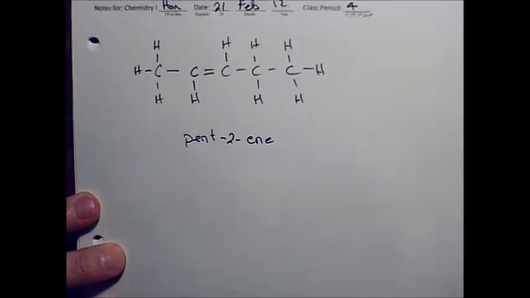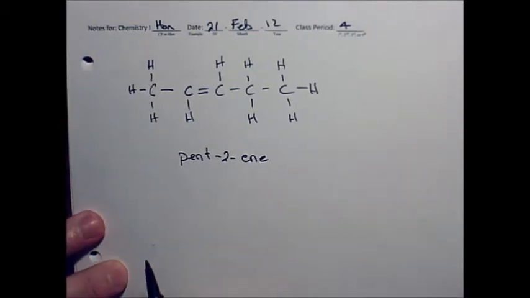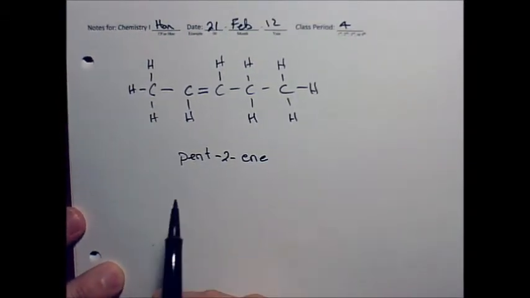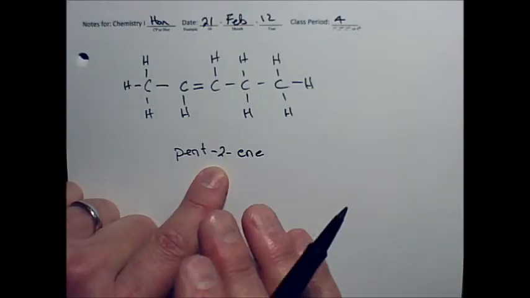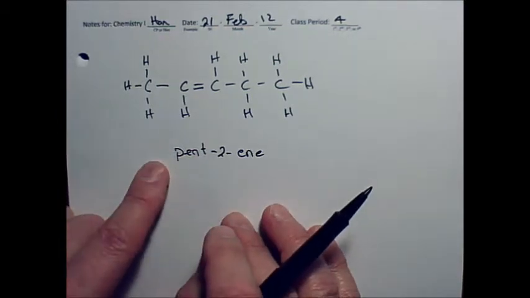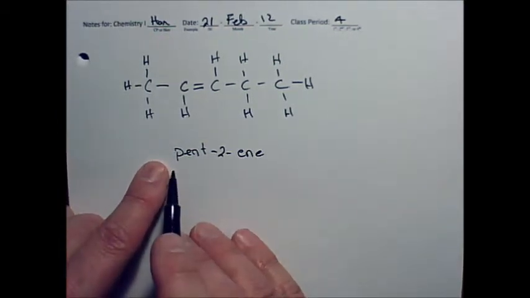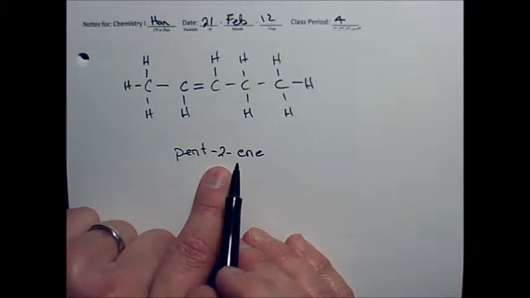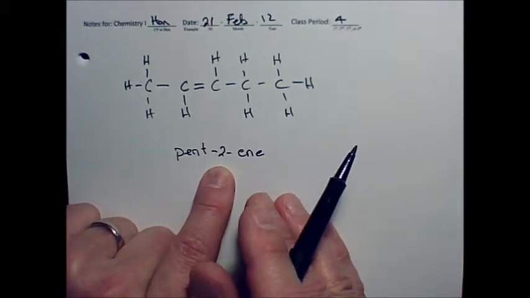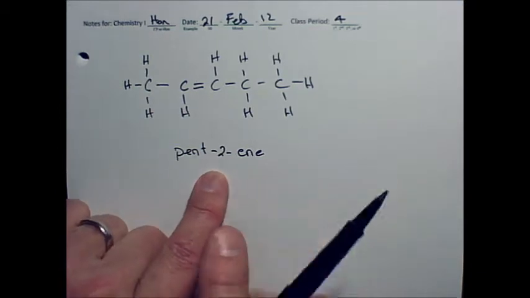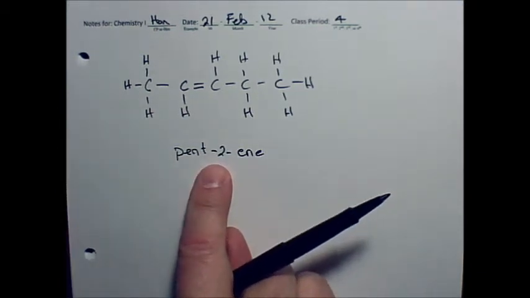If you were to look up the name of this chemical in almost any textbook, it's not going to say pent-2-ene. It's going to say 2-pentene. Normally, when we have really simple structures like that, we put the number out in front. But later, with more complex structures, we have to stick it in the middle. To keep it simpler, we're just going to name it this way because that will hold true no matter what kind of structure we're naming.